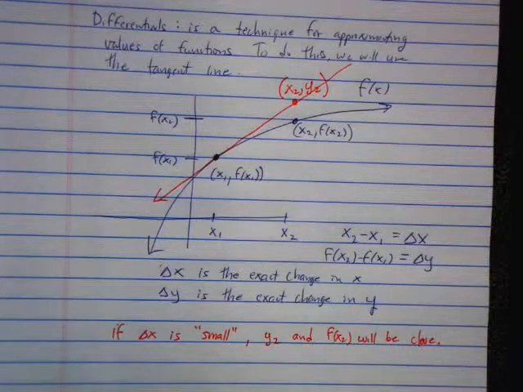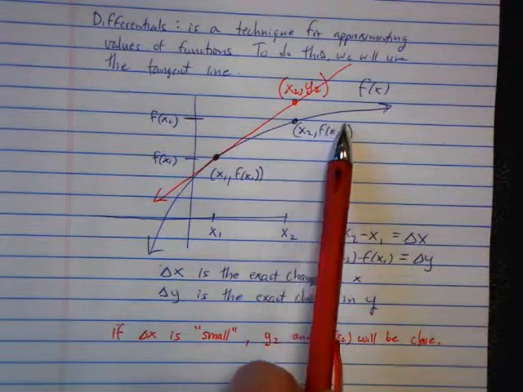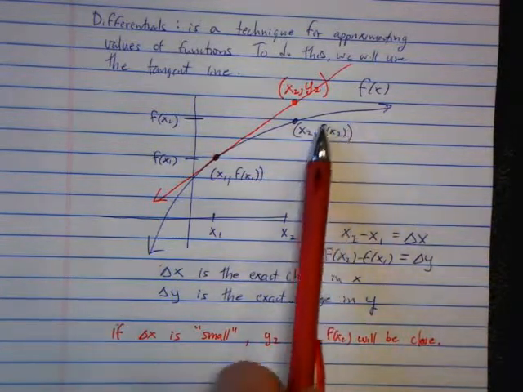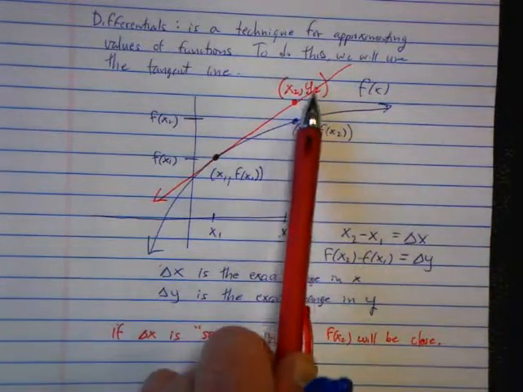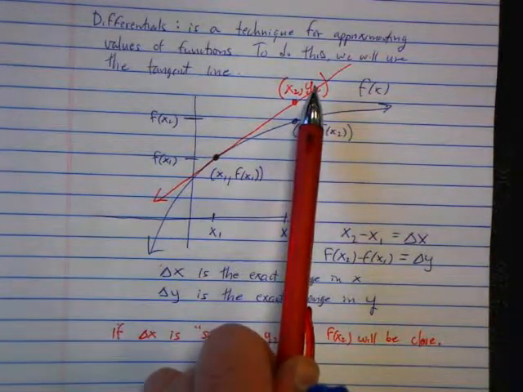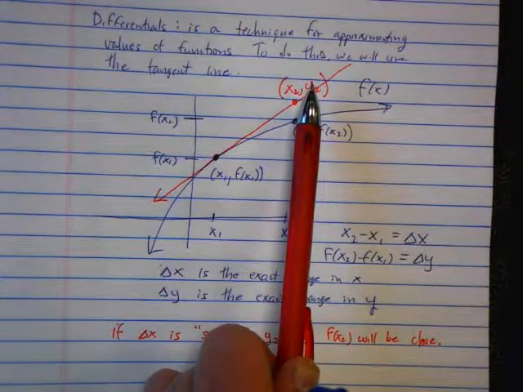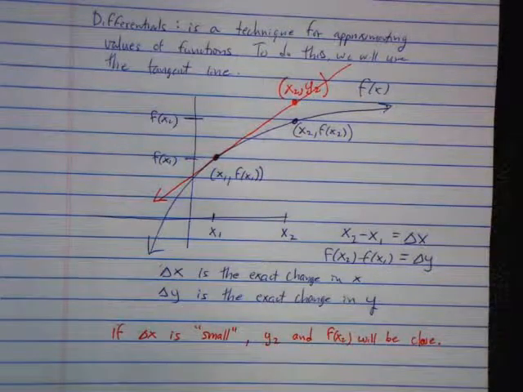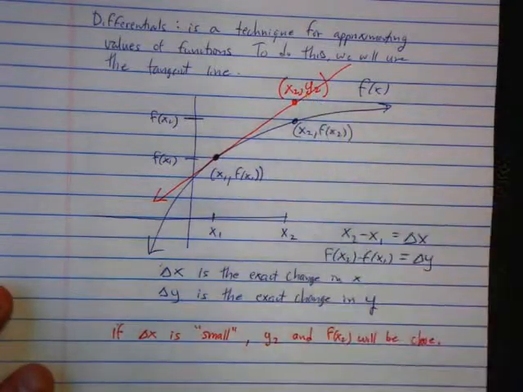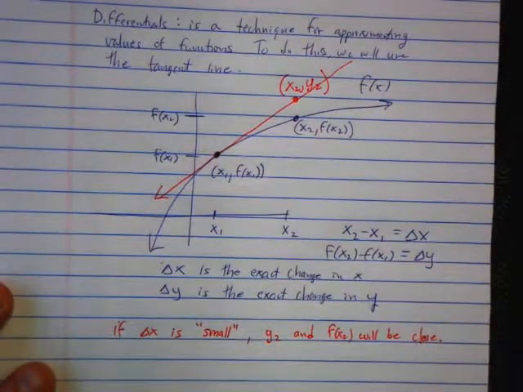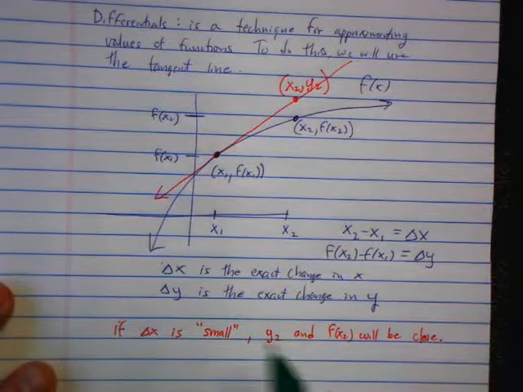The whole point behind this is that this f of x2 value is one that's difficult to figure out. But this y2 value is going to be pretty easy to figure out. We'll figure it out using the equation of the tangent line. All right, well, let's figure that out. What would the equation of the tangent line be? How do we find the equation of the tangent line? I take the derivative.